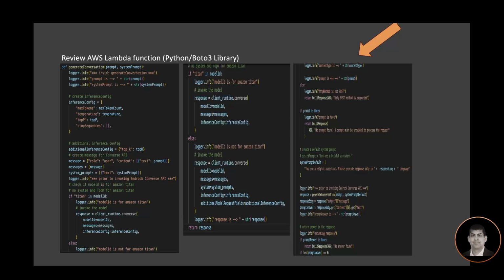Then I have a unique situation for Amazon Titan, which doesn't support one of the parameters and also the system prompt. So I have an if block for that, and an else block for Anthropic model support. Once I do that, I also have another function to build a response that will be sent back to the consumer via the API.